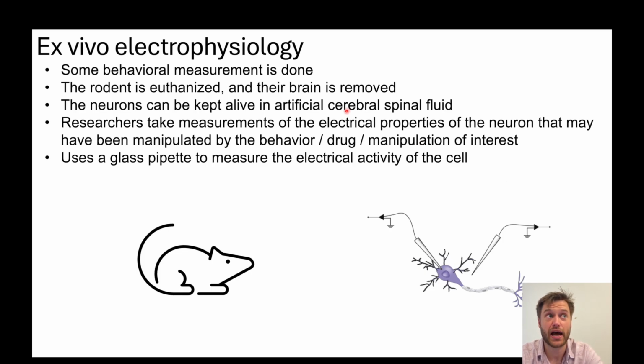So you can have artificial cerebrospinal fluid, which has all of the same things that real CSF has, but it's outside the brain, and you put the brain in it to keep the neurons functioning. Researchers take measurements of electrical properties of the neuron that may have been manipulated by the behavior, the drug, or the manipulation of interest, and use a glass pipette to measure the electrical activity of the cell.